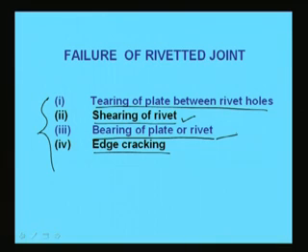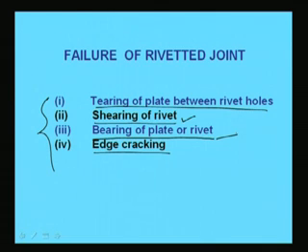Of course, this will be calculated only when we know the type of arrangement, that means whether it is a lap joint or butt joint, chain riveting or zigzag riveting. All these things we have to know, and accordingly we can find out the strength. Another failure is bearing of plate or rivet. The plate may fail due to bearing, and the rivet may also fail due to bearing.